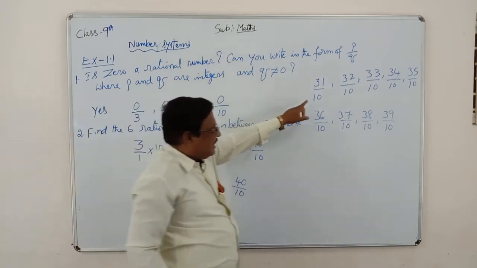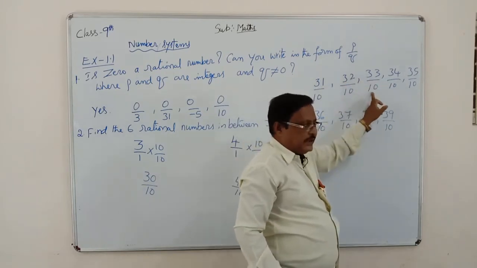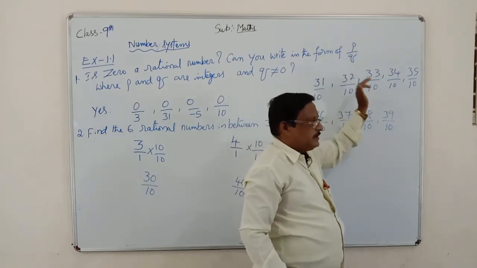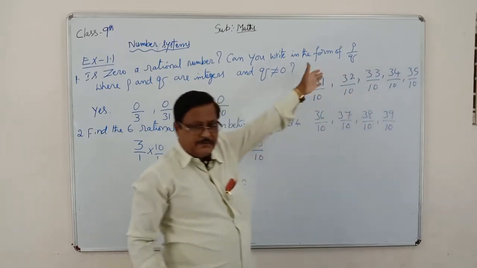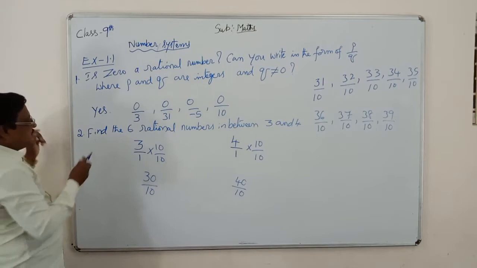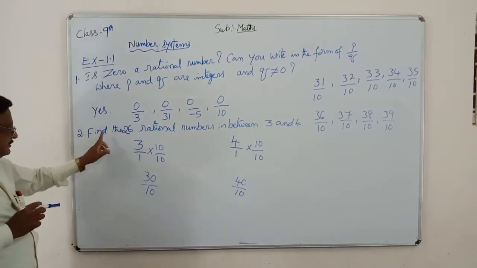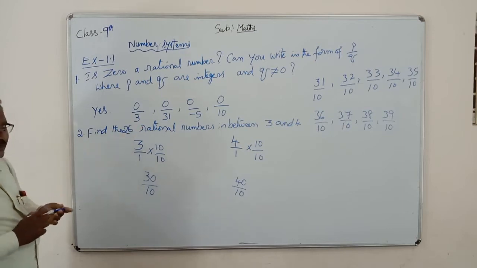Here the values are 3.1, 3.2, 3.3, 3.4, 3.5, like this, with 10 in the denominator. Otherwise, suppose they ask you to find 26 rational numbers in between 3 and 4.